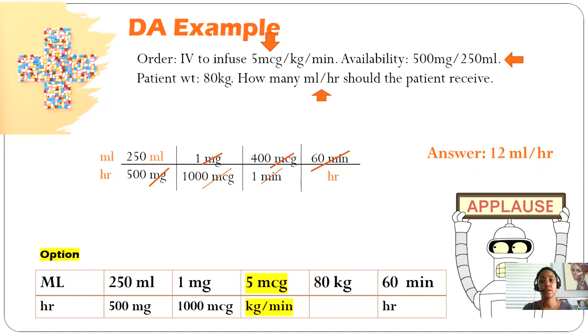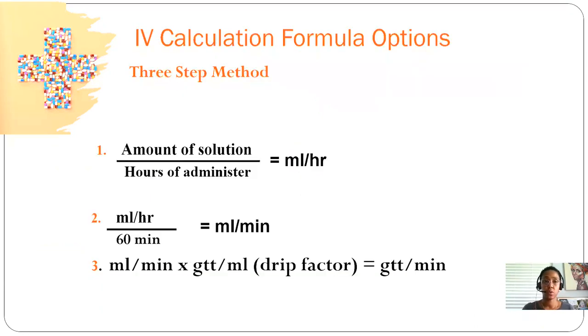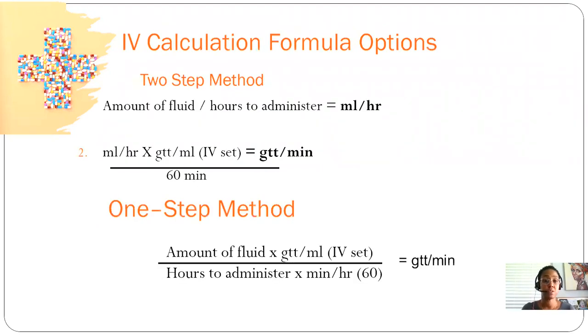Okay, so we're going to get into some IV calculation formulas. Any resource that you use has different formulas for IV calculations. We have a 3-step method, which will give you the mLs per hour. We have a formula for drips per minute. We have 2-step methods and there's a 1-step method.